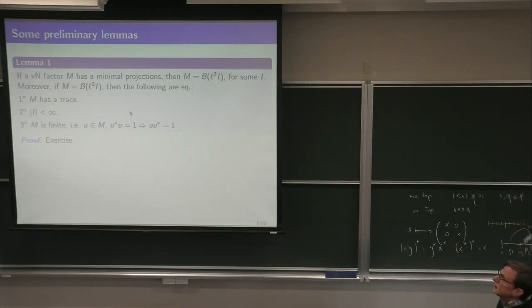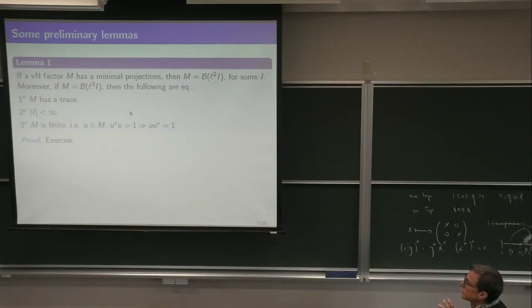And if it is like that, then you can have a trace state if and only if the Hilbert space is finite dimensional. And it's also equivalent to M being finite.